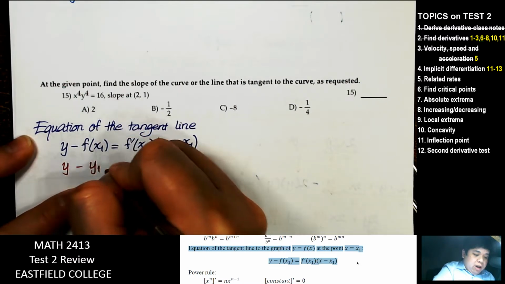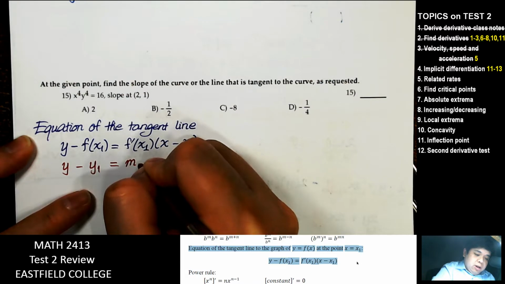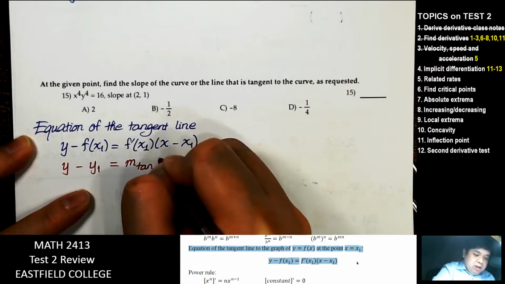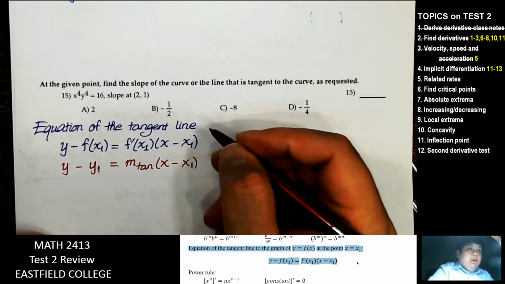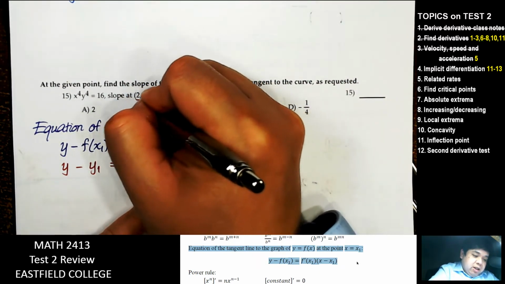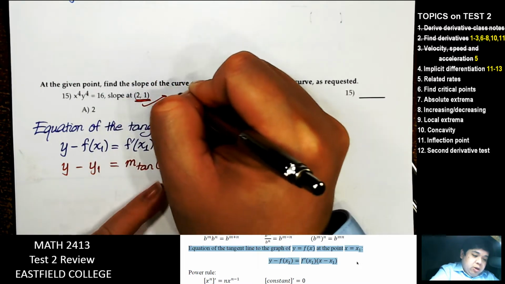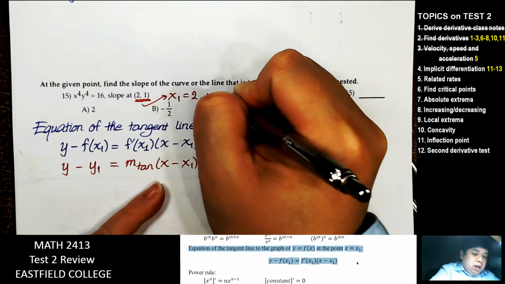That's just the y values, and that's just the slope of the tangent line, and that's just the x values. Now the x and y values, x1, y1 are given by this point. So x1 is 2, y1 is 1.